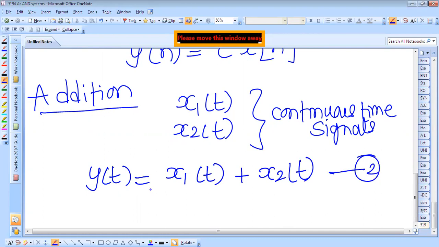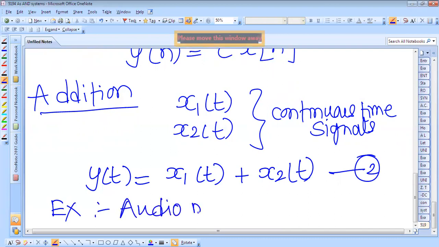The physical example of a device that adds a pair of continuous signals is the audio mixer. The audio mixer will give you the output by the addition of the incoming signals, whether it may be 2, 3 like that. So this is the audio mixer, which uses the operation addition.